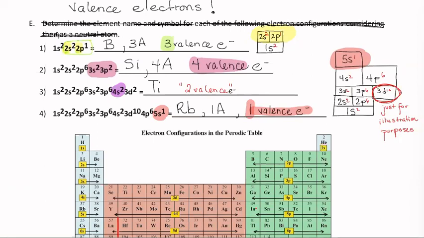So it has the 2 from the 5s, and it has the 4 from the 5p. So tellurium lives in group 6A. Oh, technetium. Technetium will have the 2 from the 2s.